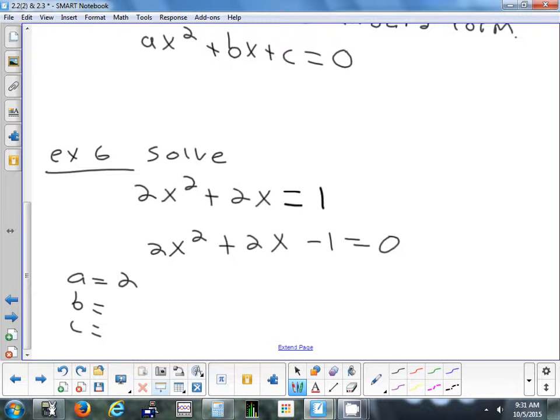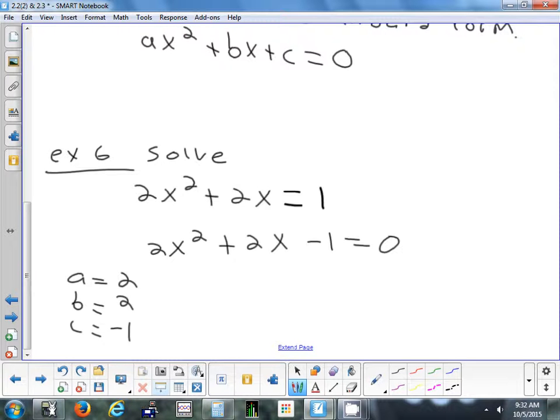Read these first two terms to me. 2x squared, yeah, and now read this, plus x. Plus. Yeah, so b should be what? Positive or negative? Yeah, positive 2. Okay, and c is negative 1.